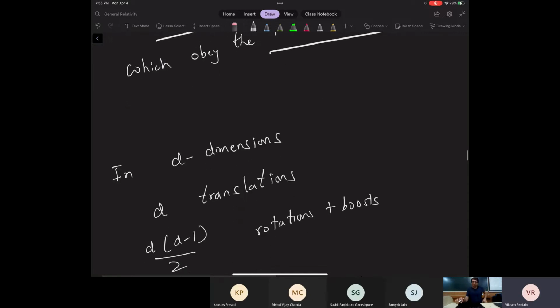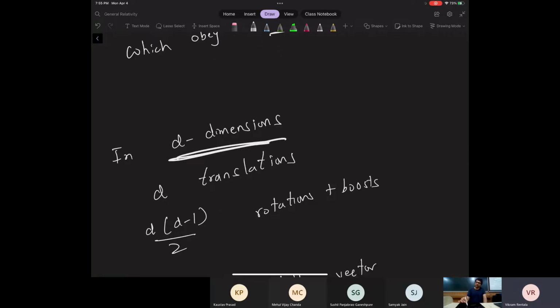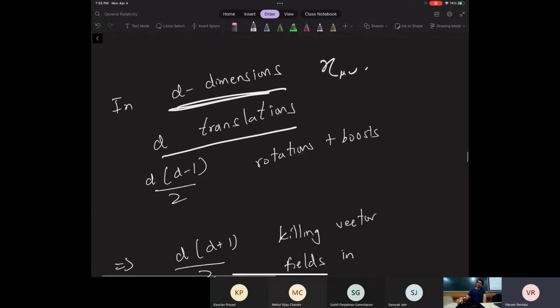The general statement is that in D dimensions, if I don't restrict myself to 4 dimensions, and I have the flat metric, then I have D translations, one in every coordinate. How do I count my rotations and boosts?